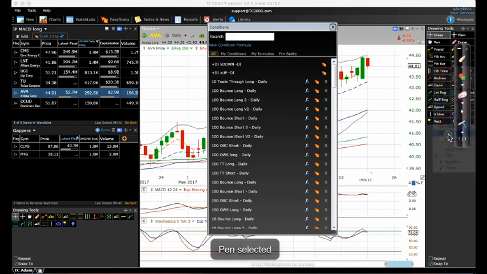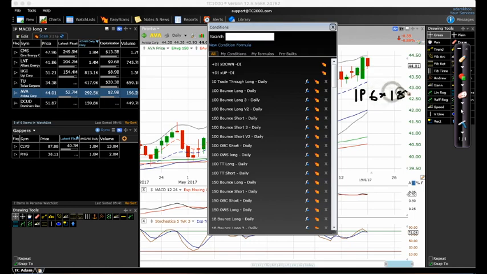So the first one you need to create is called impulse pullback 6 cross 18 long. This script finds the setups where the 6 EMA has just crossed above the 18 EMA, creating the swing high and the pullback pattern.